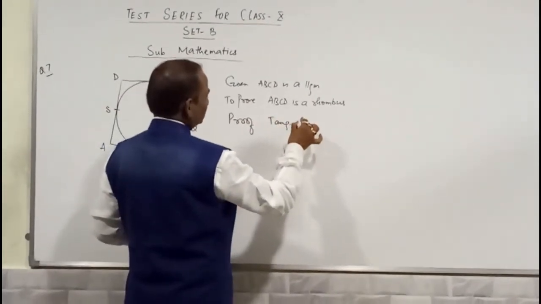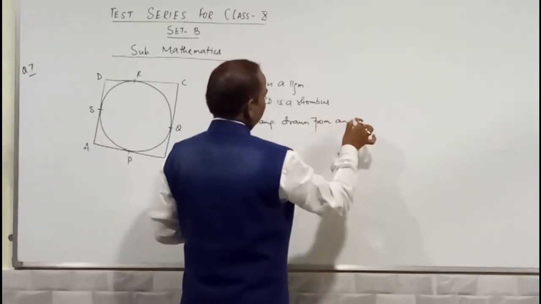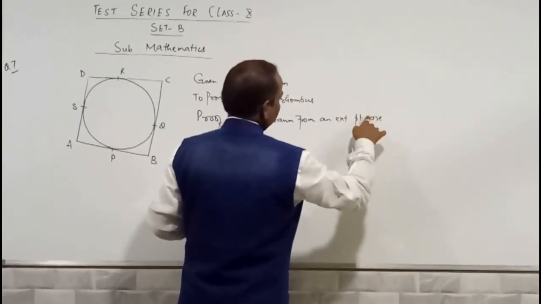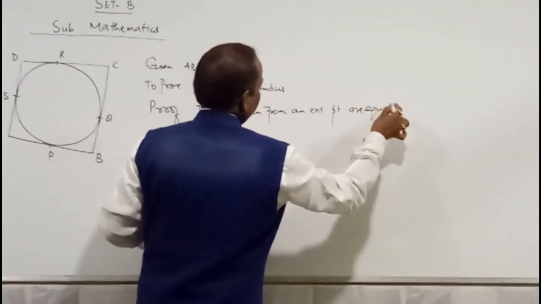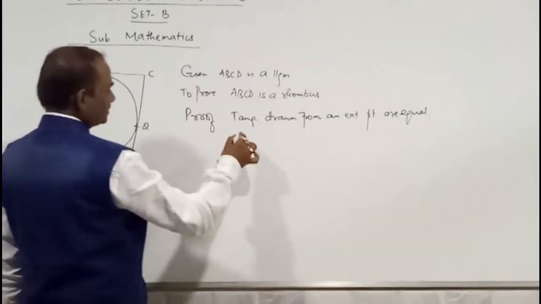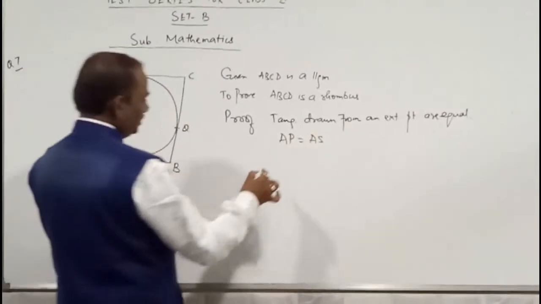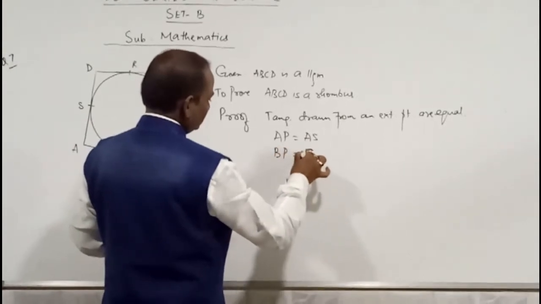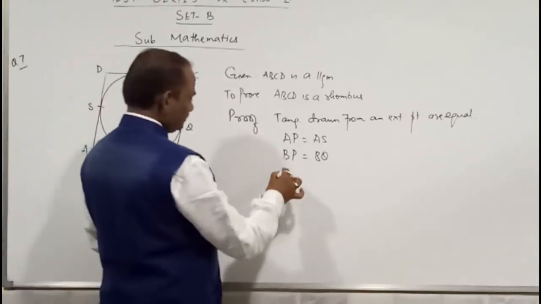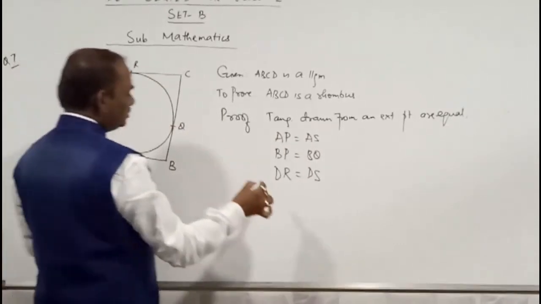Tangents drawn to a circle from an external point are equal. Using this I can say AP is equal to AS, then BP is equal to BQ, and then DR is equal to DS, and CR is equal to CQ.